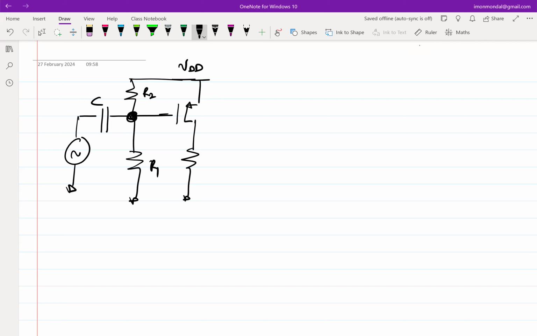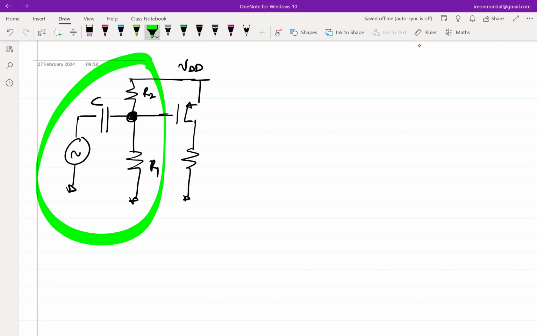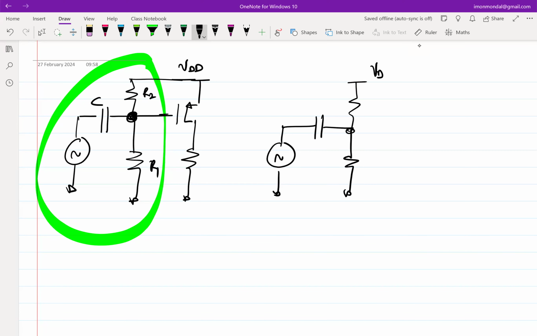It's actually dependent on the RC time constant associated with the capacitor. And then we saw that if we only focus on this part of the network, because that is the part that is effectively setting the bias point, this is nothing but this.